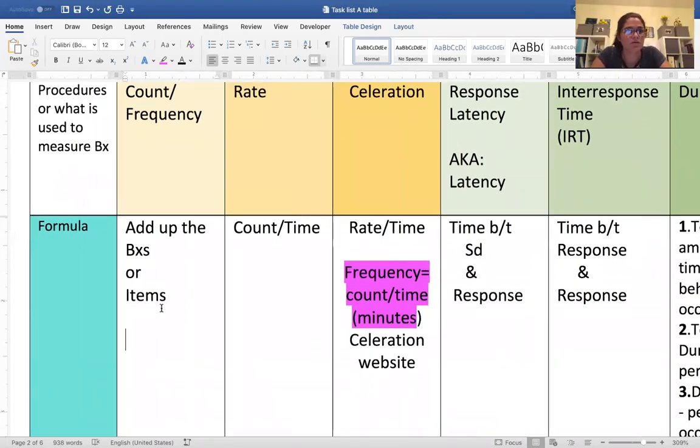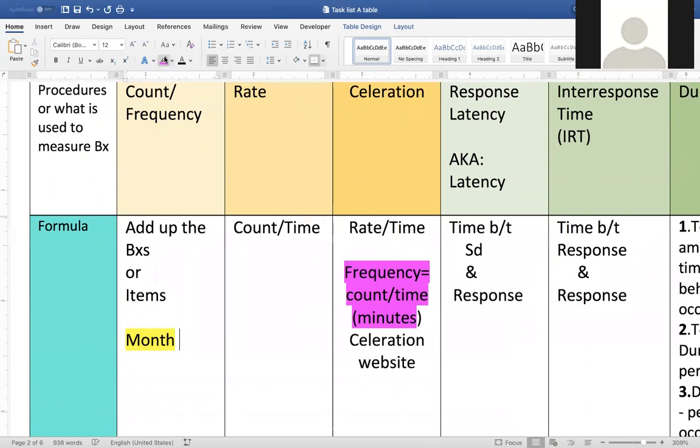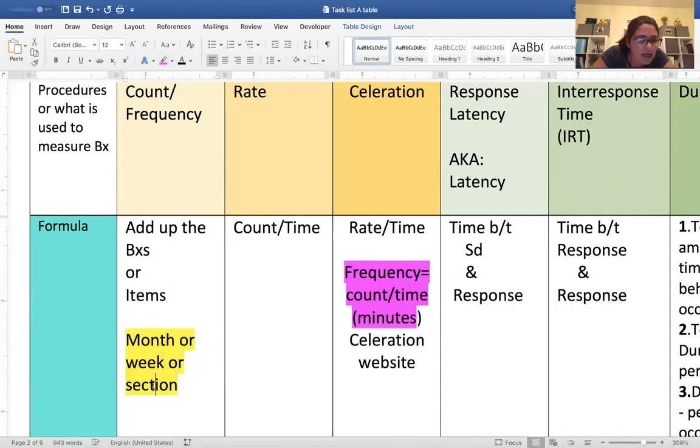So you were saying that count and frequency was month, or week, or session. Session, not sessions.